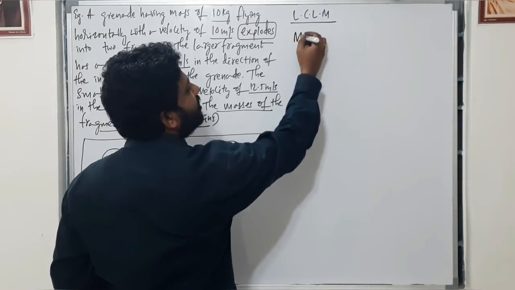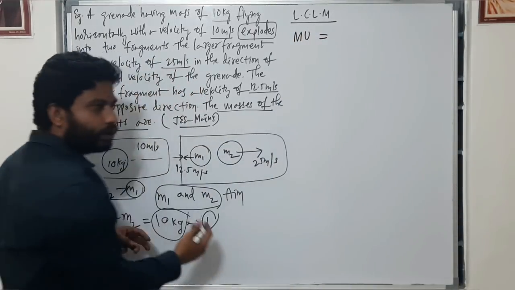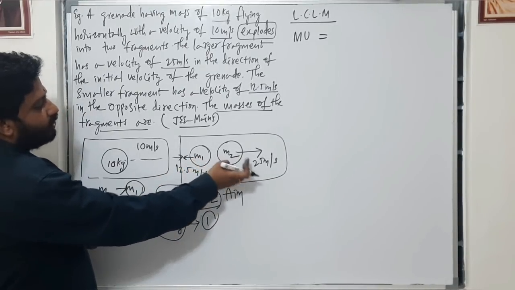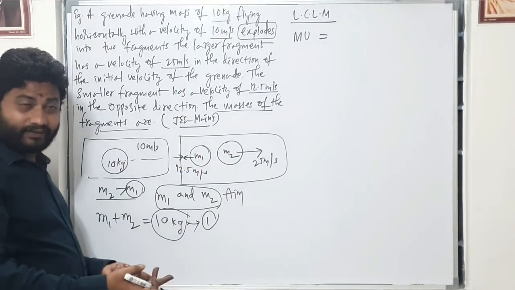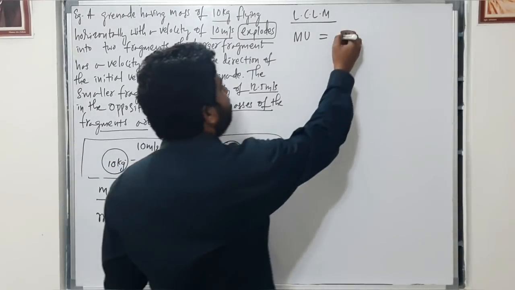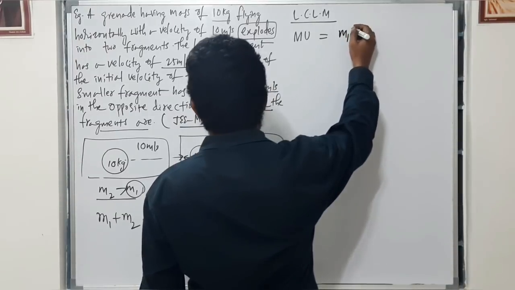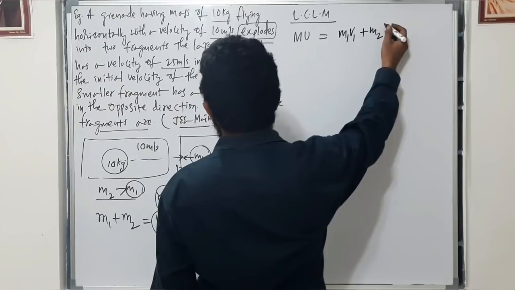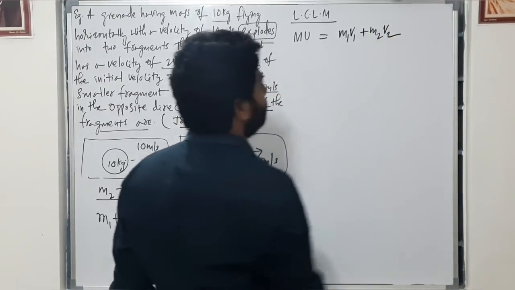This is equal to, after the explosion, the first body will have some velocity, the second body also some velocity. So what I have taken, M2 is greater than M1, right? First body has M1 into V1, plus second body M2 into V2.